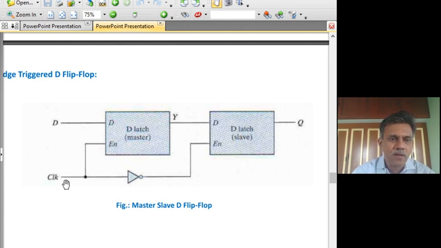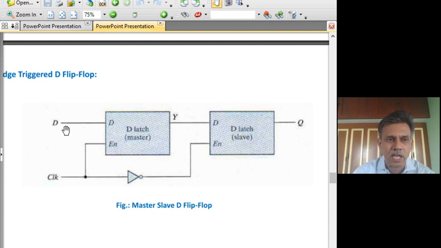So if the clock is initially 0, let us say, then there will be a 0 in the enable input of the master. So the master is disabled.